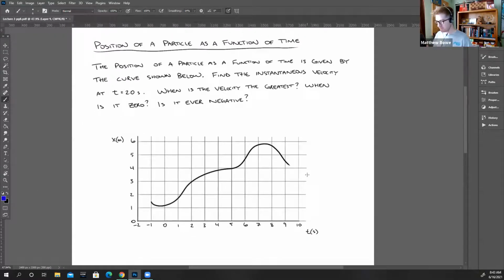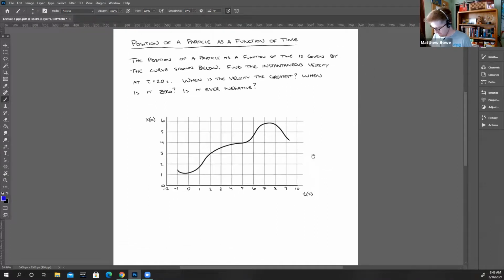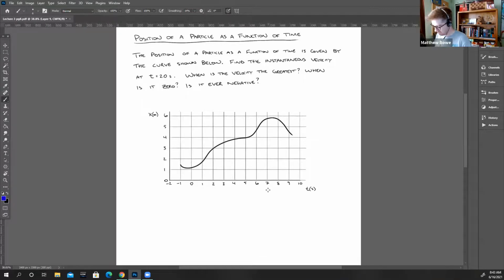Most of my examples are in the book, so if you have a question or you need just a bit more clarification, you can look in there. I tried copying the graph that's in the book, but I changed the values slightly to match my own graph. So we have this position versus time graph.